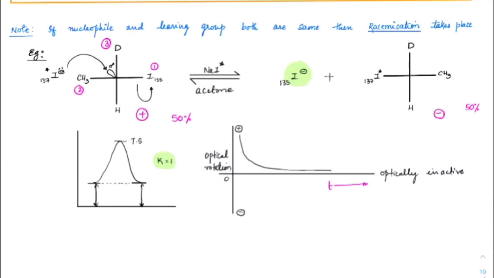When you have such heavy isotopes, the difference due to isotopic nature will be minimal. So both of them will give almost similar optical rotation. If this is giving positive 100 degrees on the polarimeter, this would give negative 100 degrees. So that is how the reaction would take place here.